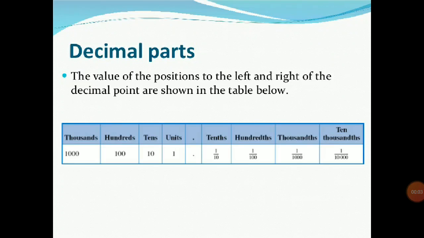As we know, in the decimal place value chart there are whole number and decimal parts. The value of the positions to the left and right of the decimal point are shown in the table below.